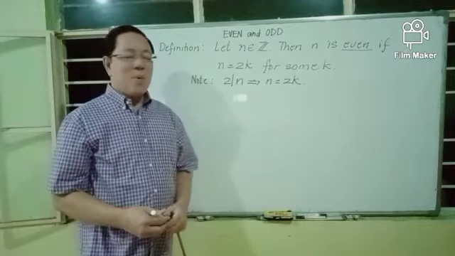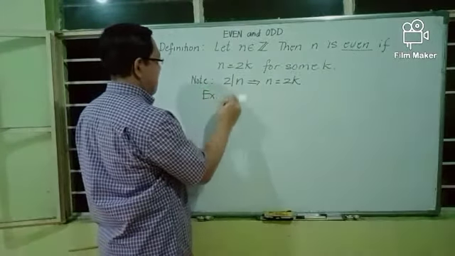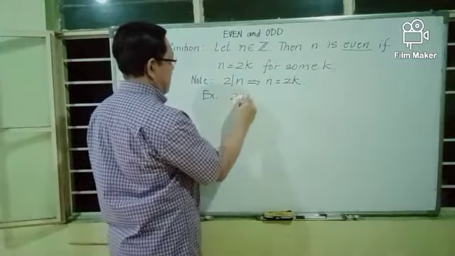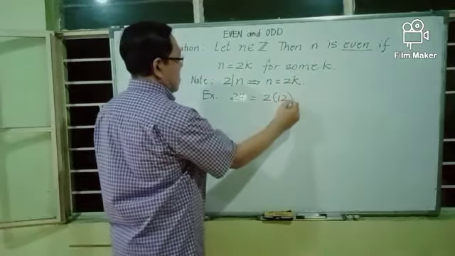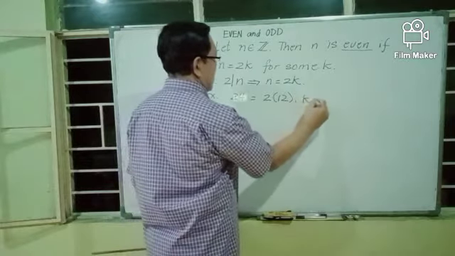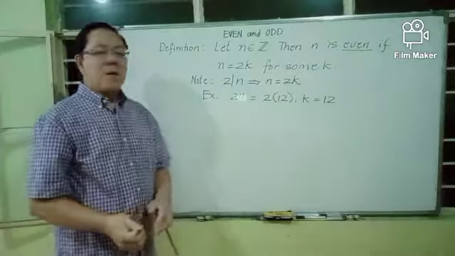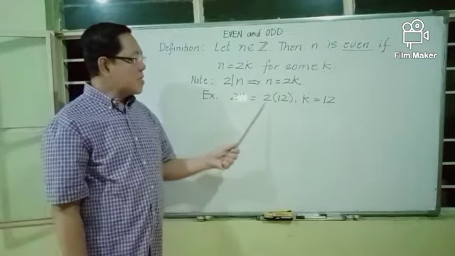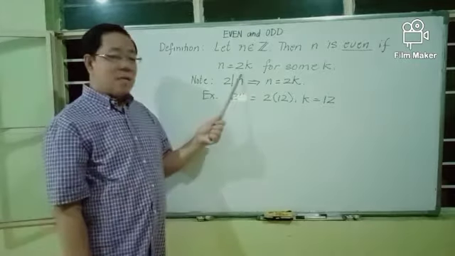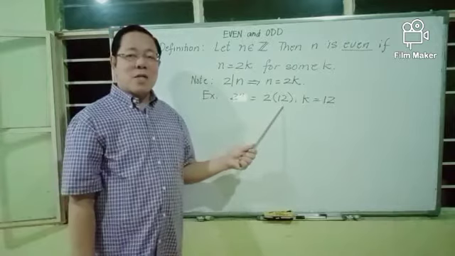We take an example. 24 is an even number because we can write 24 as the product of 2. 2 here is a constant, it's always 2. 2 times another integer.